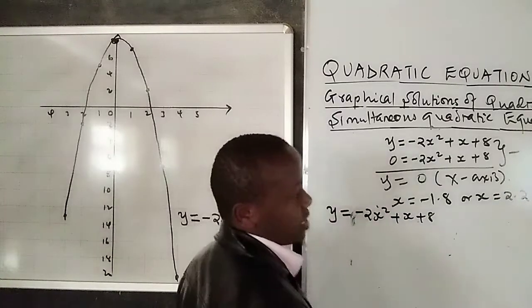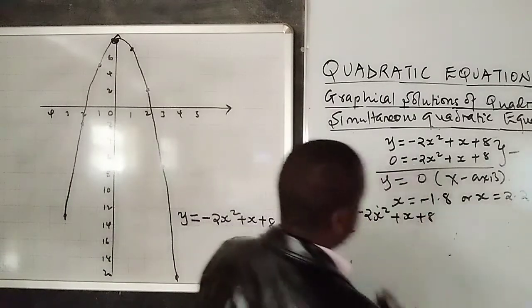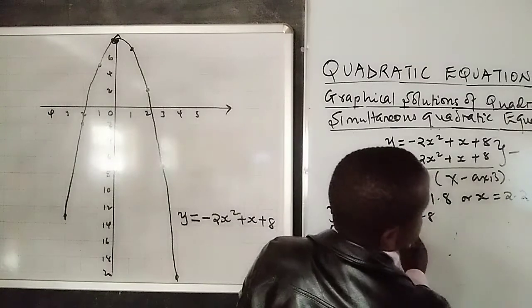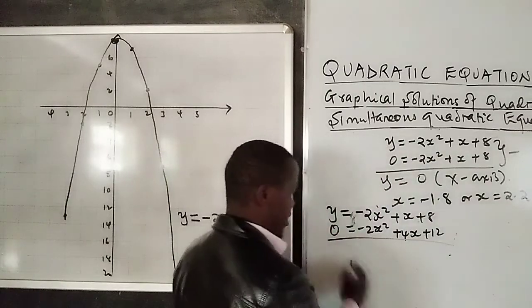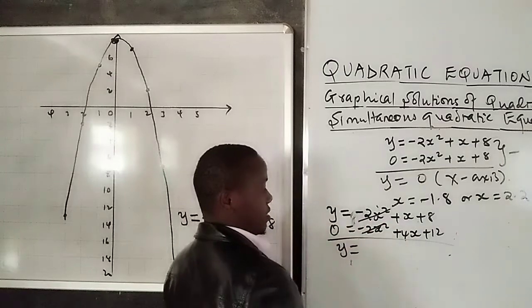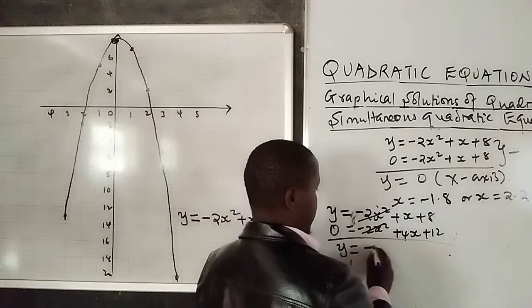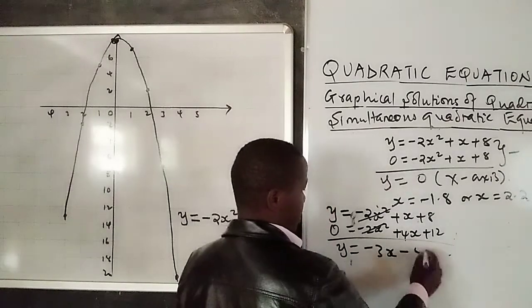Then we are subtracting the equation now. 0 is equal to negative 2x squared plus 4x plus 12. So y will be equal to negative 3x, and minus 8 minus 12, we get negative 4.